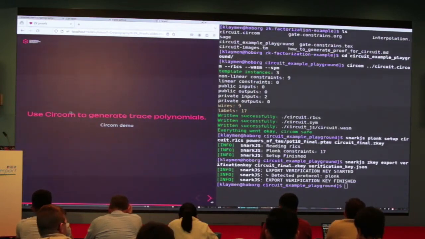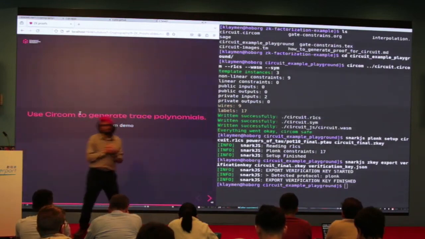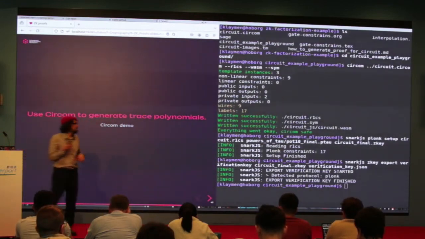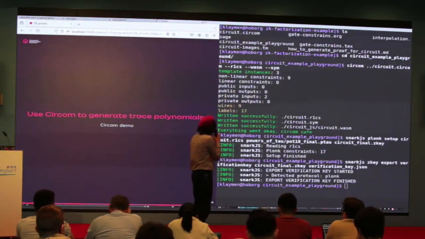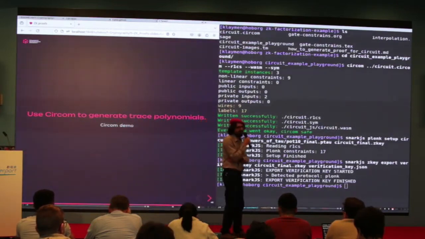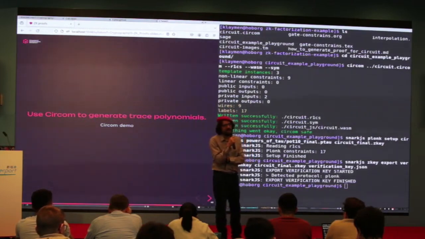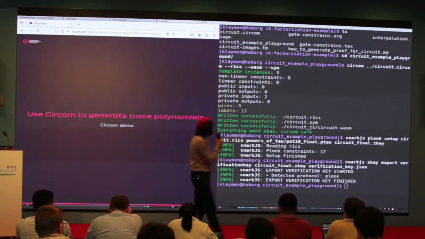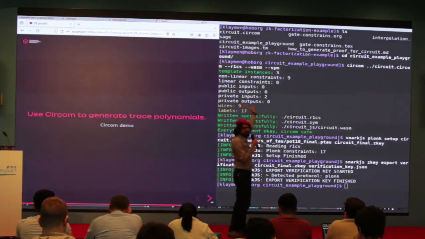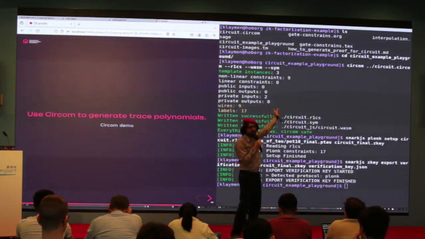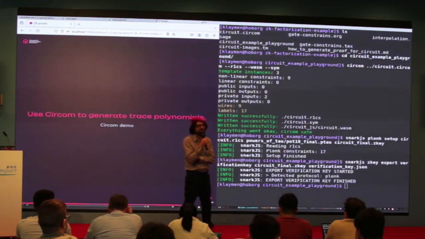Excuse me, there's a question. Yes, sir. What is the difference between non-linear constraints and linear constraints, and how are they significant? Yeah, linear constraints are plus, and I think nonlinear are those that have multiplication in them. We had a plus, but using R1CS is not giving a Plonk relationship, and R1CS doesn't count the plus constraint.